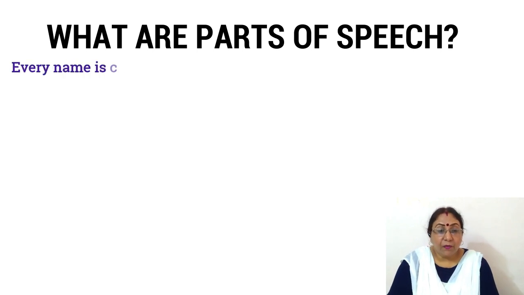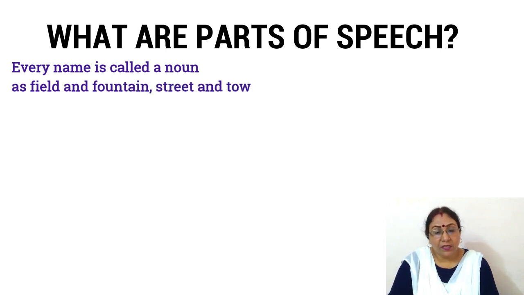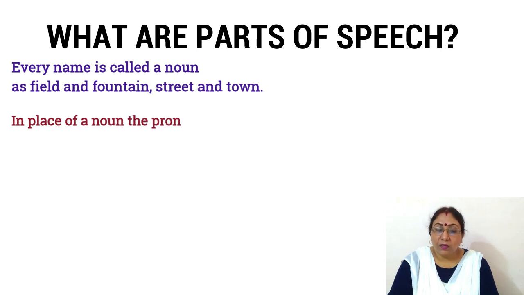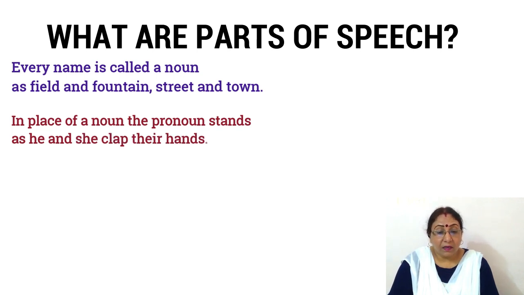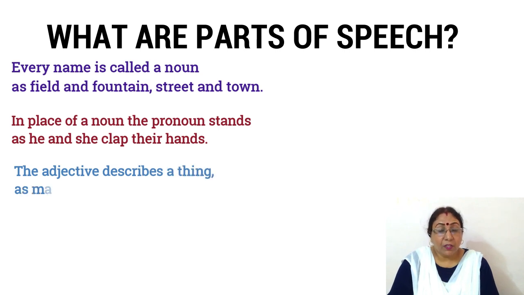Every name is called a noun, as field and fountain, street and town. In place of a noun, the pronoun stands, as he and she clap their hands. The adjective describes a thing, as magic wand or bridal ring.